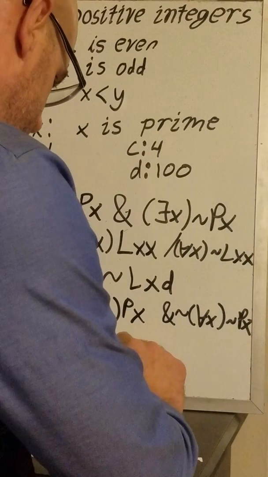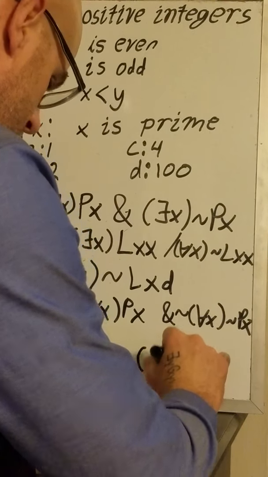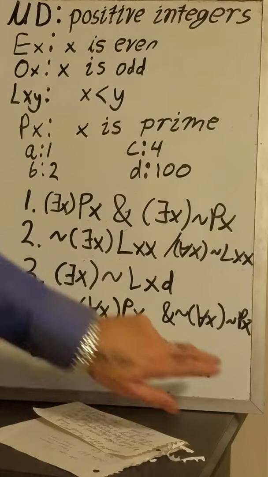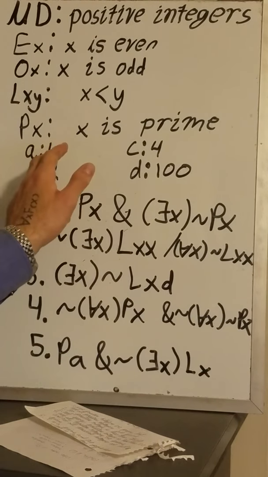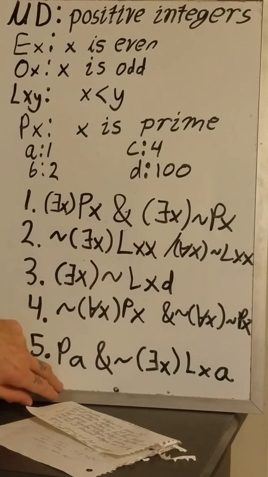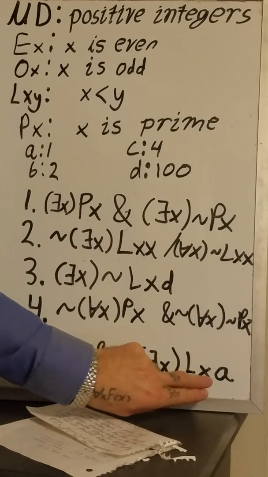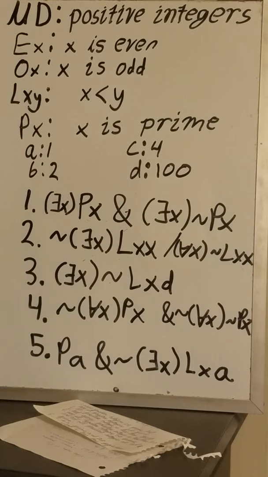In other words, like this: there is no positive integer such that it's less than 1. All right, so 1 is prime, and, by the way, this is not a true statement. 1's not a prime number, but there's no positive integer less than 1.